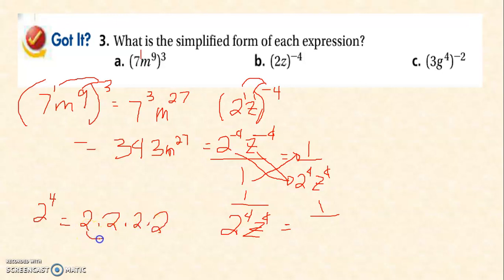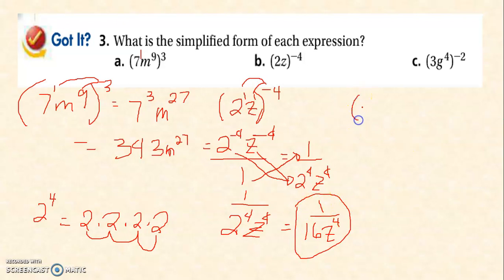So what is 2 times 2? That is 4. Times 2, that is 8. Times 2, that is 16. So the final answer there is 1 over 16 z raised to 4. Is that clear? Okay, can we do the last one?